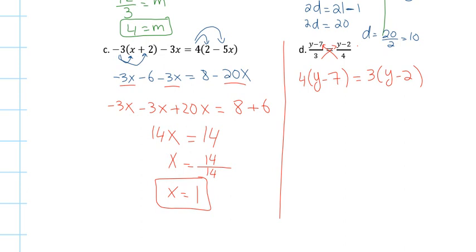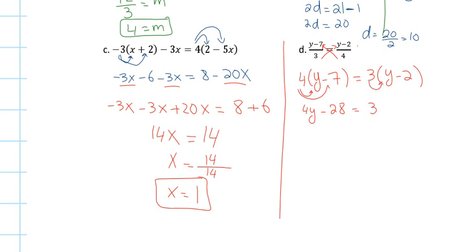Now, since I have brackets, how can I get rid of the brackets? Multiply. Do the distributive property. So 4 times y is 4y. 4 times negative 7 is negative 28. Equals, what do I do with that 3?